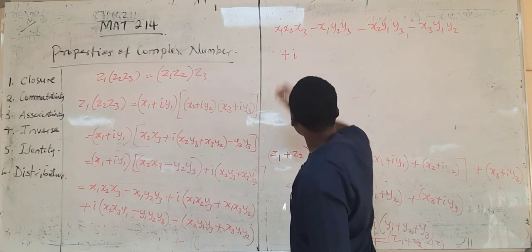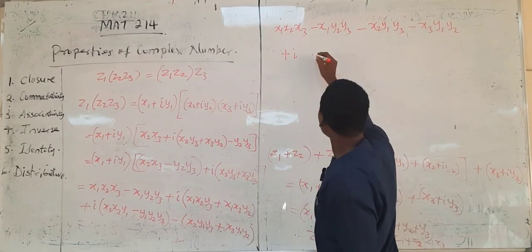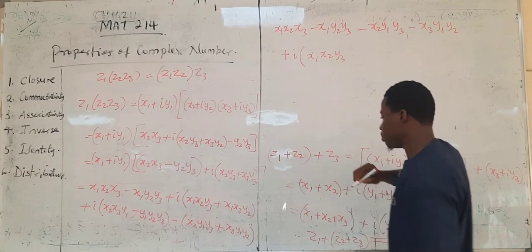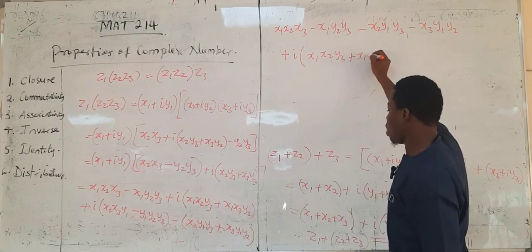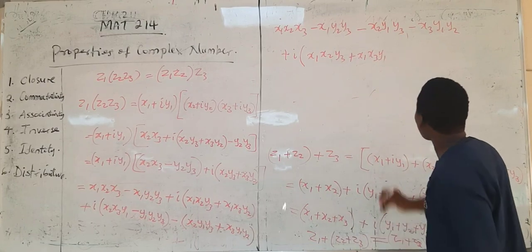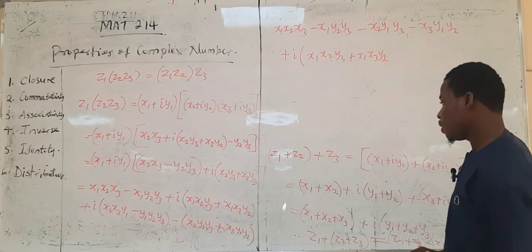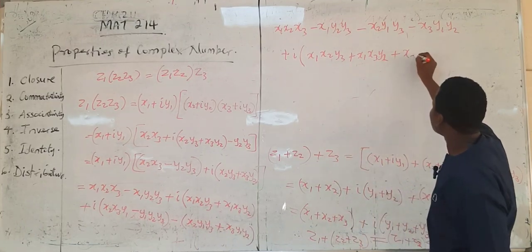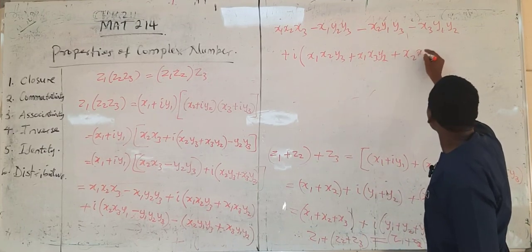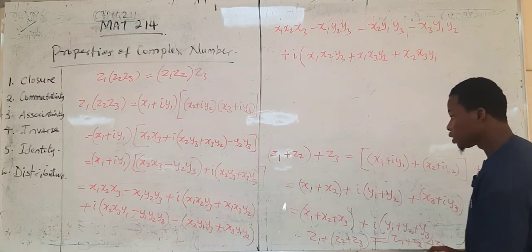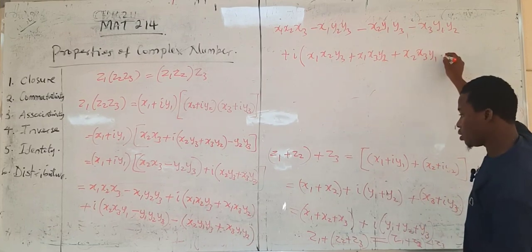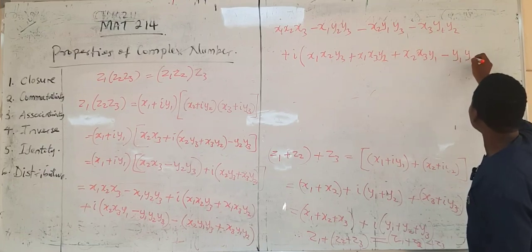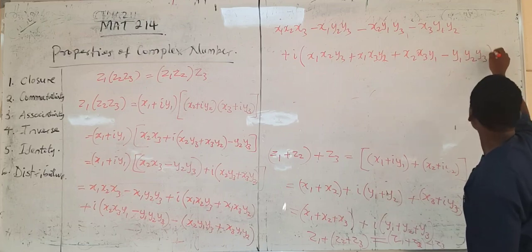Then plus i, open bracket, x1, x2, y3 plus x1, x3, y2, plus x2, x3, y1, minus y1, y2, y3.